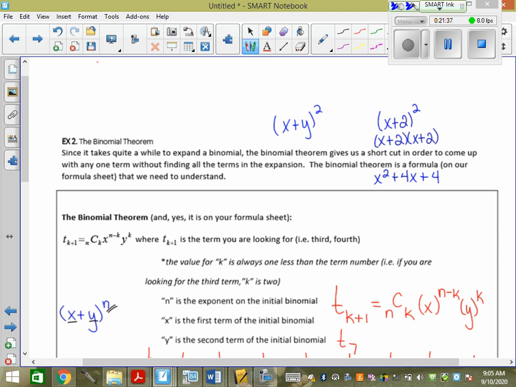How many terms did I get? 3, right? So if you forget that the total number of terms is 1 more than n, do a really easy one. Do a FOIL, a binomial squared. Then you'll see that x plus 2 to the 2 actually gets me 3 terms. The total number of terms is 1 more than the exponent. You can always go back to easy terms. You don't have to try it on a 9 or something like that.